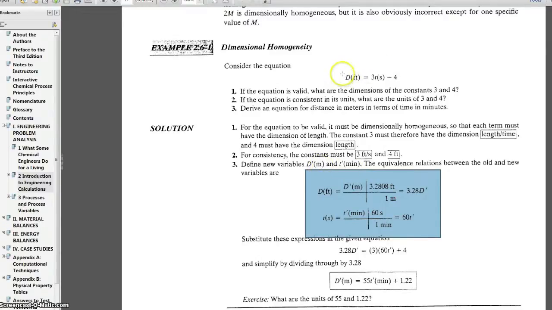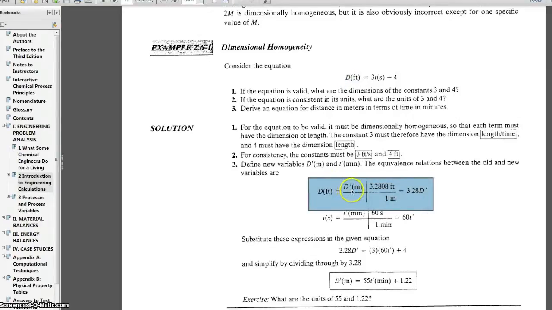The initial d is in feet, so we have to convert from feet to meters. 3.28 feet equal a meter.